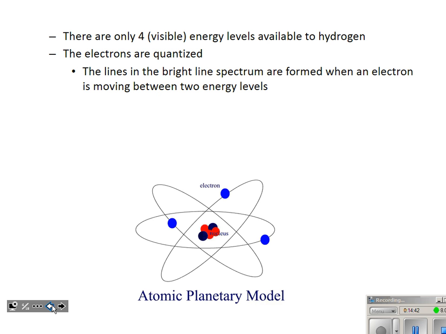A prism's purpose is to bend the light. And his model was called the planetary model, because what he basically said was the electrons are moving around the nucleus in a defined path, in an orbit.